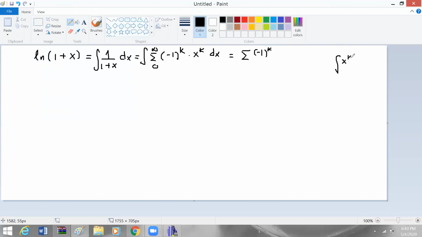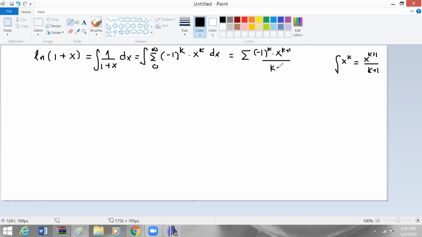We know the fact that the antiderivative for x to the k will be x to the k plus 1 over k plus 1. So this is the thing that we need to put down on that example, right? And then I can just rewrite this in terms of x to the k plus 1 over, I'm sorry, over k plus 1.